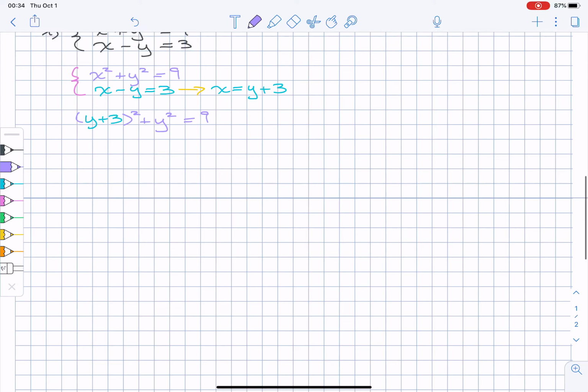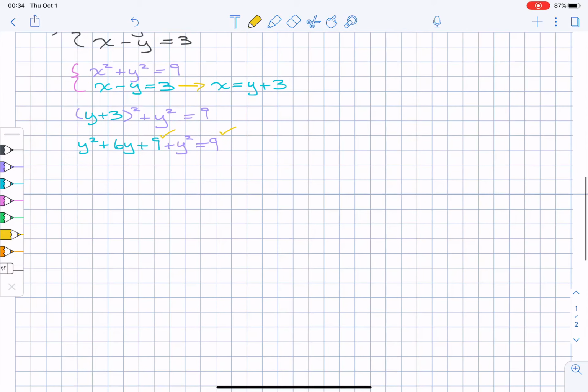So now let's expand. This will give us y squared plus 6y plus 9 plus y squared is equal to 9. Notice that the 9's will subtract out. And what do I have? I have 2y squared plus 6y is equal to 0.